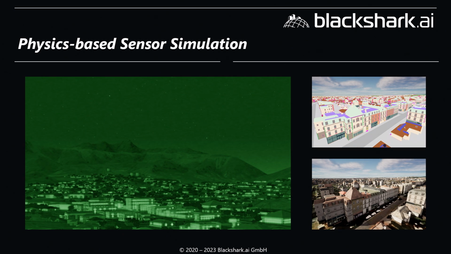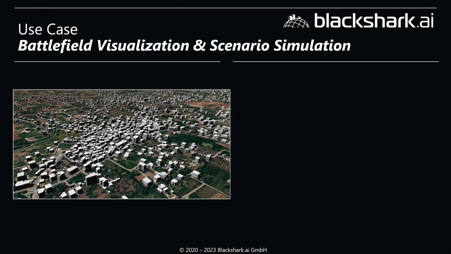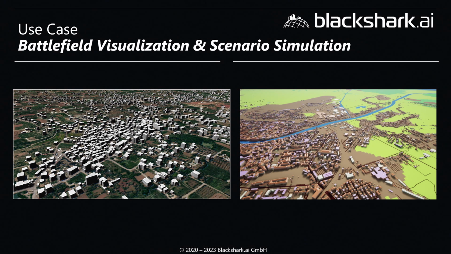So night vision goggle simulation, for instance, or whatever sensor is needed. Battlefield simulation and scenario simulation in all regards. So either photorealistically or only visualizing certain aspects, or use the semantic canvas and ground to simulate autonomous agents and systems.